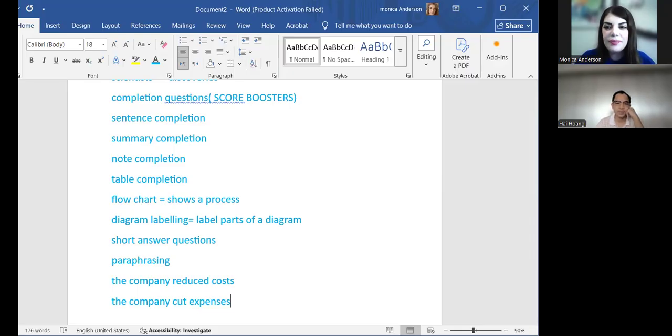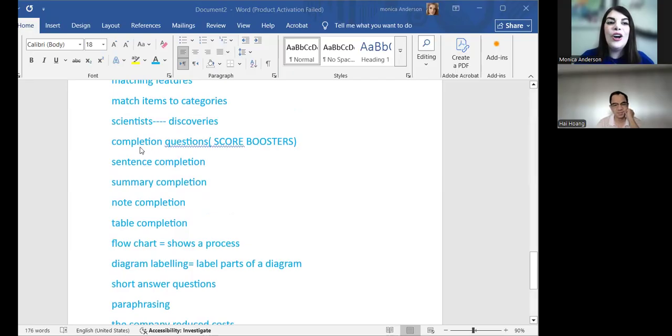Can you explain to me about the completion question? Why is that style so easy? Sentence completion, or completion questions, is a score booster. As I told you, this part is not as hard as other parts. First of all, because you can see the words in the text and you use them.